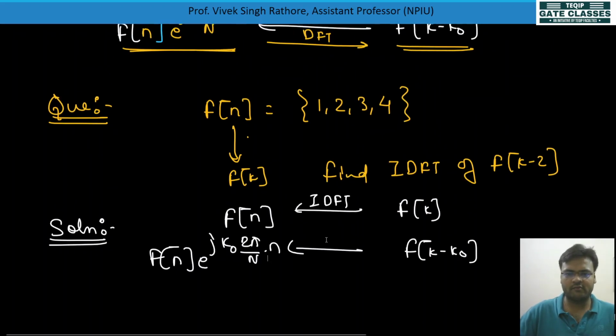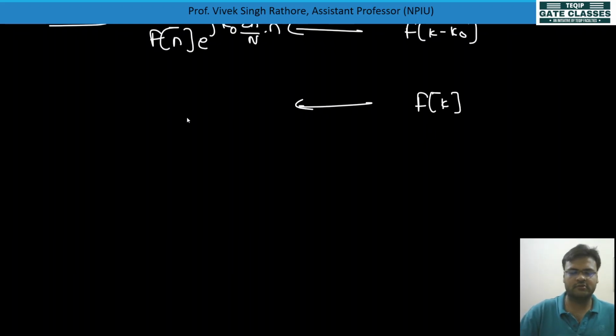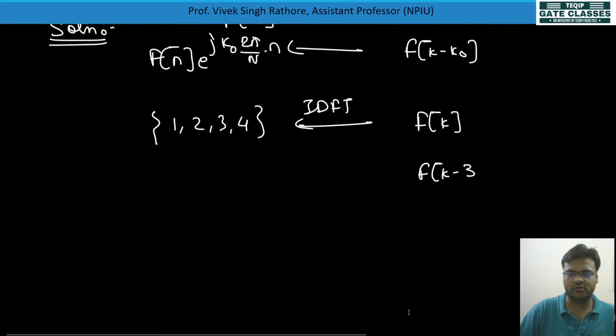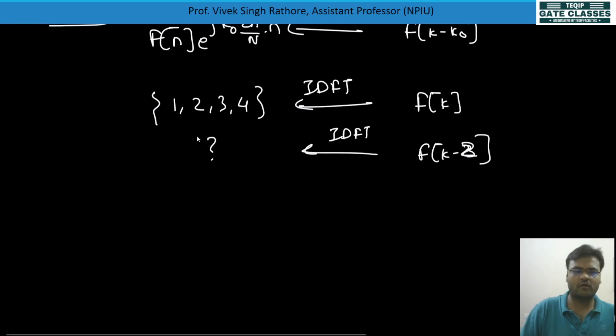If f of k has the IDFT value 1, 2, 3, 4, then what is the IDFT of f of k minus 2? So I'll write here, f of k minus 2 will have IDFT value how much. Obviously f of n was there, you just need to do the multiplication.